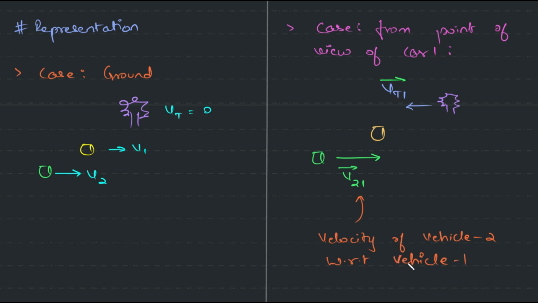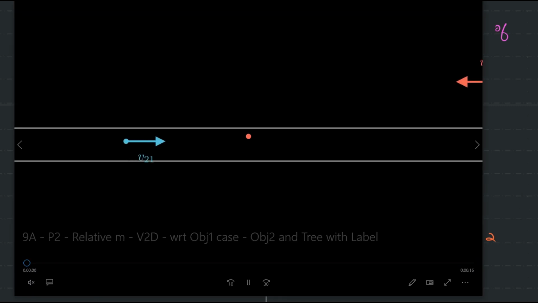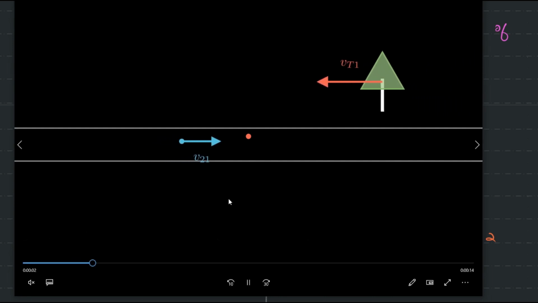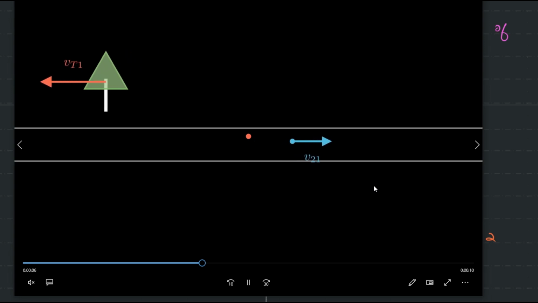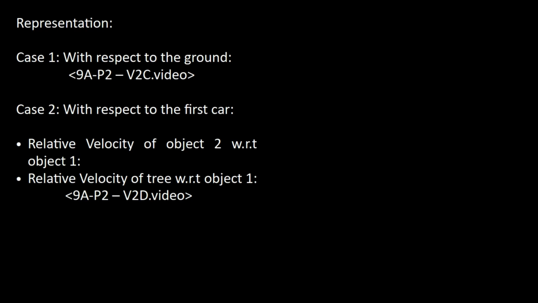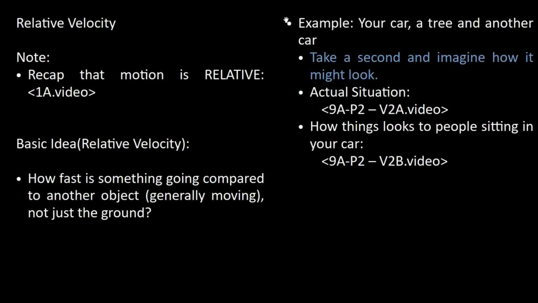Okay, just a representation, guys. It's just a symbol. Okay, and right. So V21 and Vt1. Done. That's it. So velocity of object 2 with respect to object 1, so on and so forth. You guys need to write all of this.